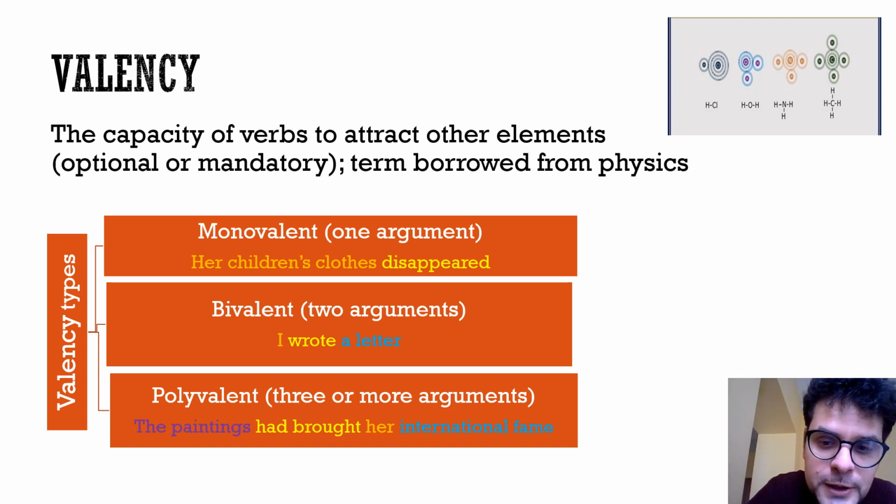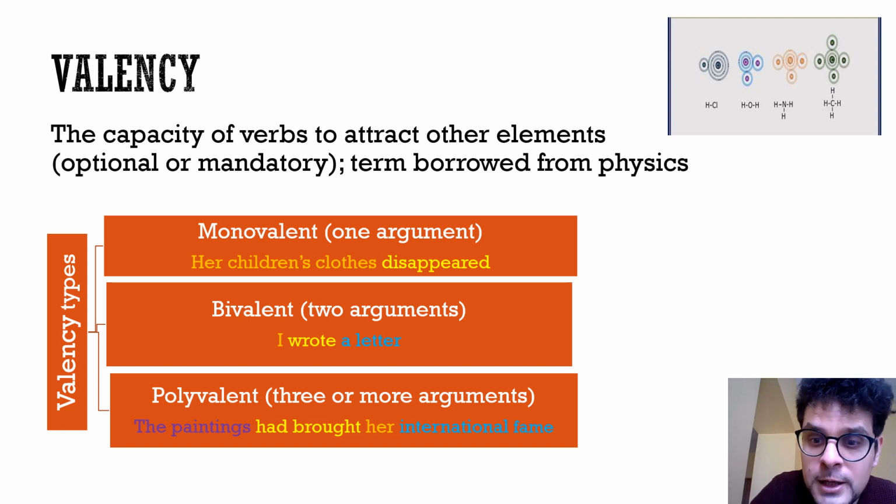But if I provide a subject, it's enough. The sentence is grammatically correct. Of course, I can add some optional elements, some adjuncts, as for instance, disappeared the other day or yesterday, but these elements are optional, so they're not part of the valency of the verb.